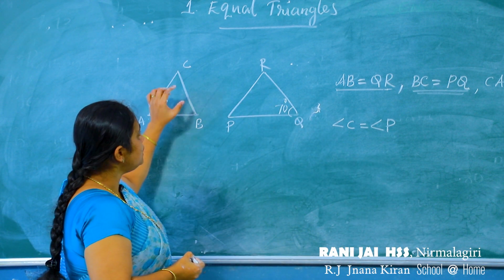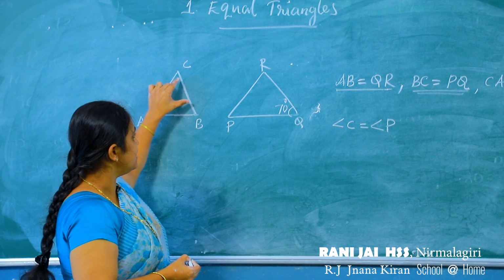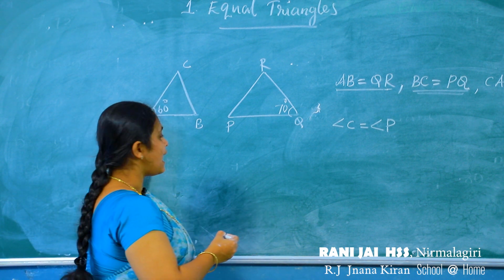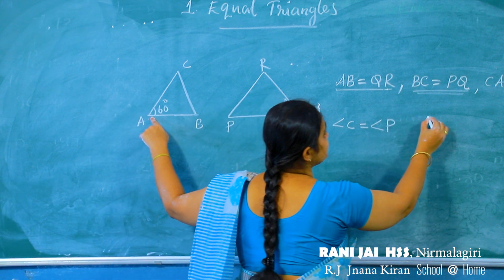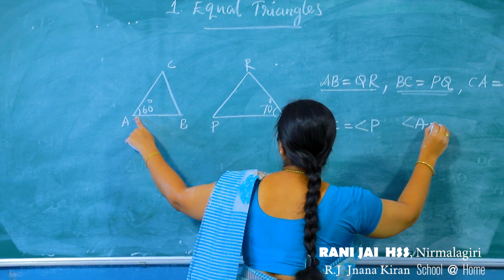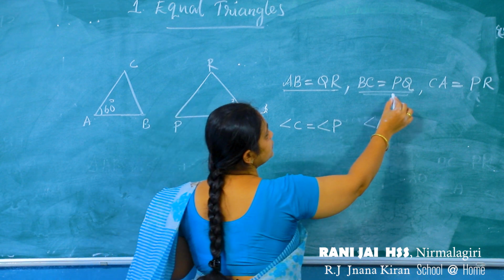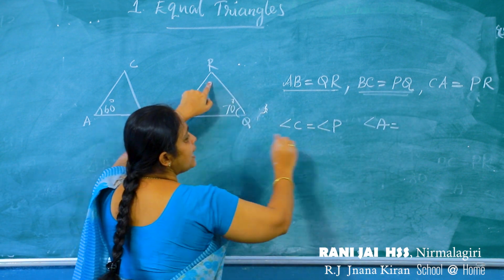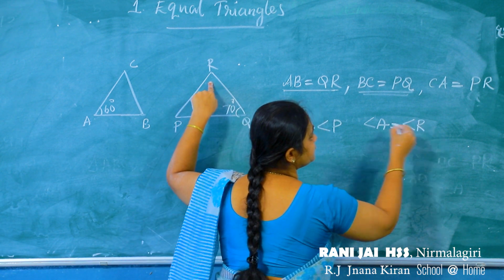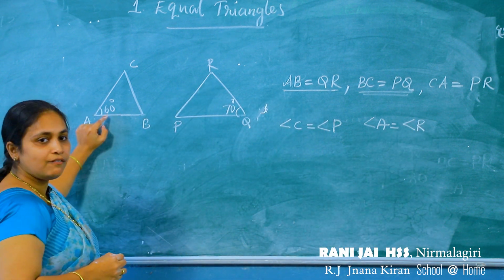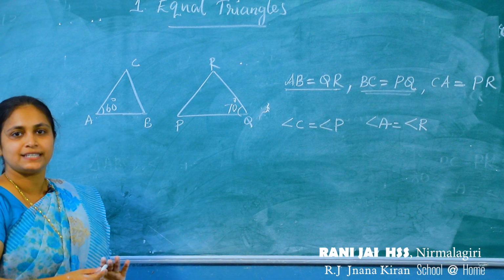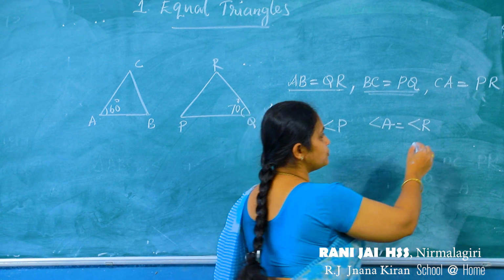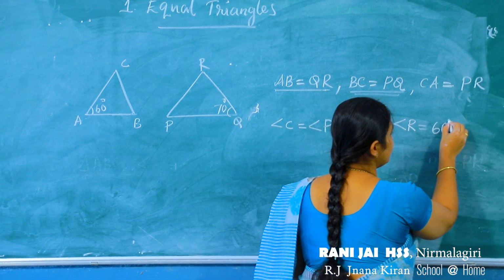The angle opposite of BC is angle A, 60 degrees. So we can write angle A equal to the opposite angle of PQ, which is angle R. It is given that angle A equals 60 degrees. Therefore, angle R is also 60 degrees.